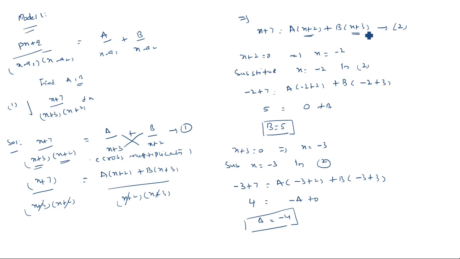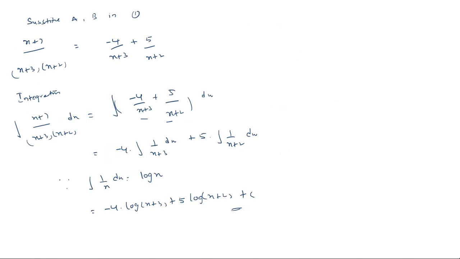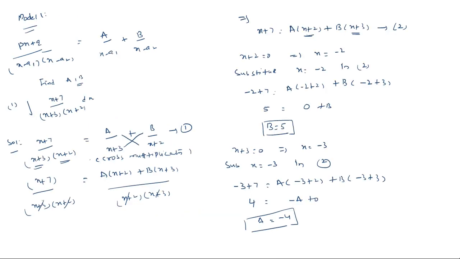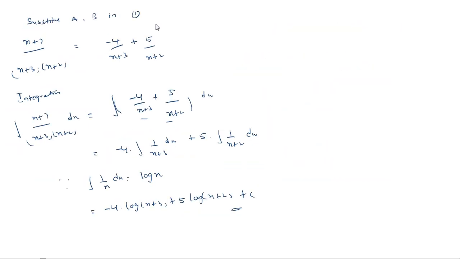Next, substitute x plus 3 equal to 0. From that, x equal to minus 3. Substitute this x equal to minus 3, we get the value of a. And we substitute a and b in 1. We get minus 4 by (x plus 3) and plus 5 by (x plus 2). Up to this one is a partial fraction.